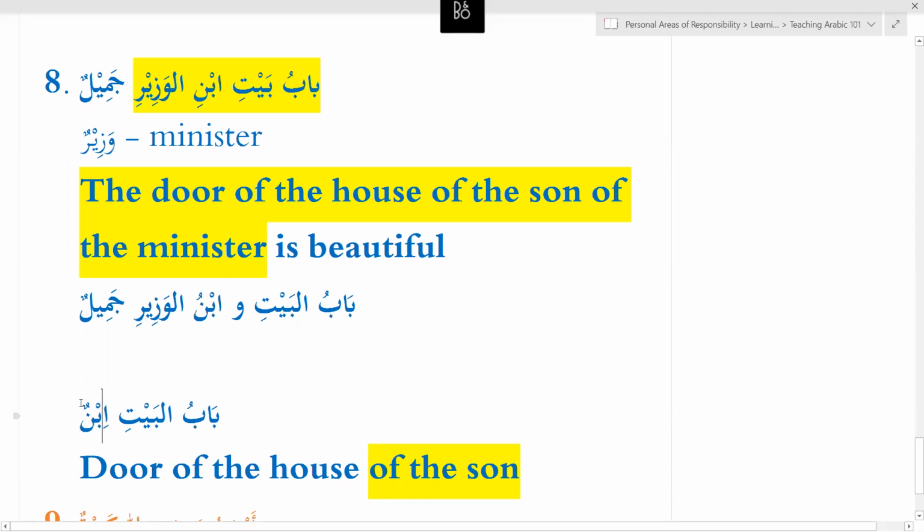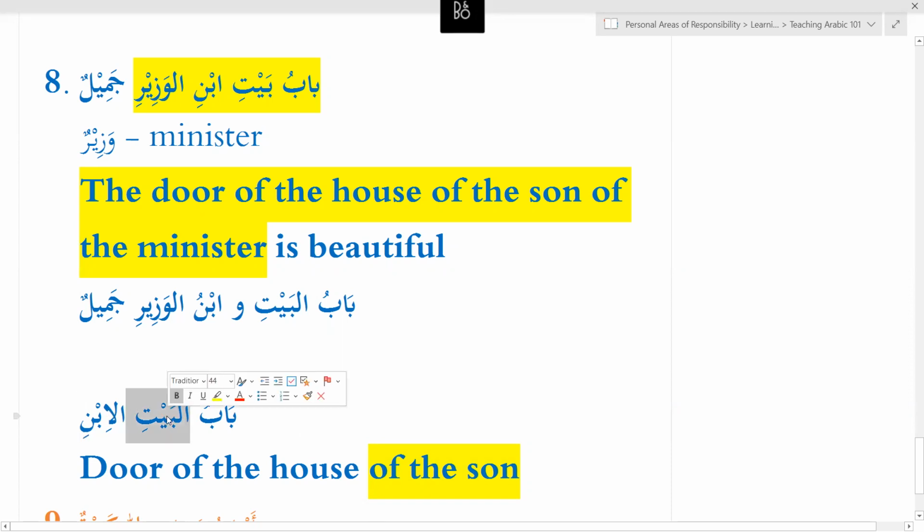Now, how do I put an of over here? How do I make this in the of format? Of has rules. Of the son will be al Ibni. So if I say the son, I need to make it al Ibni.